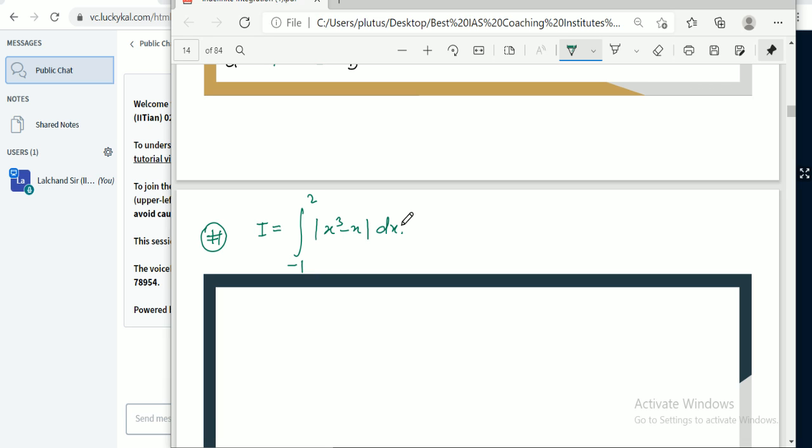Can you solve this question now? Try to break this function into particular intervals that belong to minus 1 to 2.